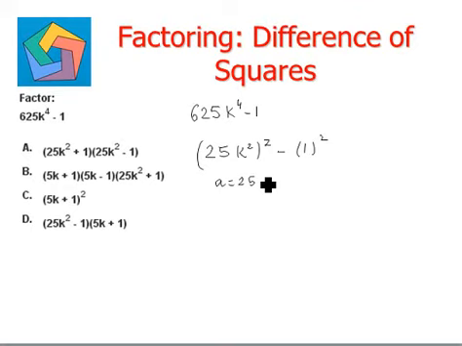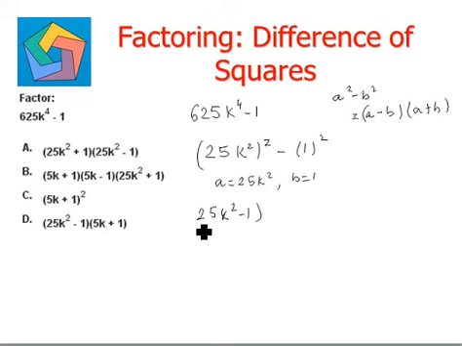This is a standard identity which we can remember, that is a squared minus b squared equals a minus b times a plus b. So now we can write down 25k squared minus 1 times 25k squared plus 1.